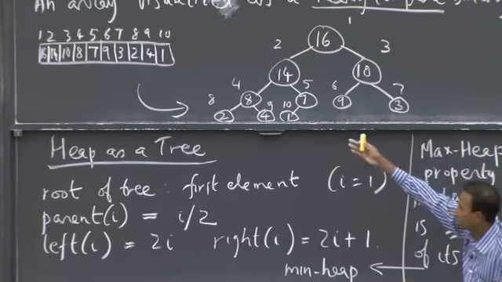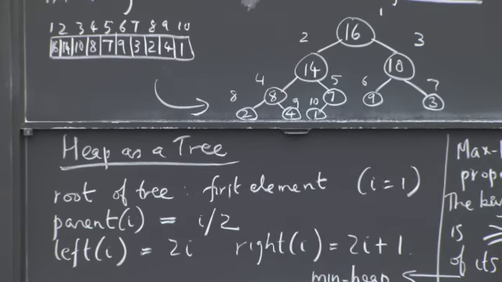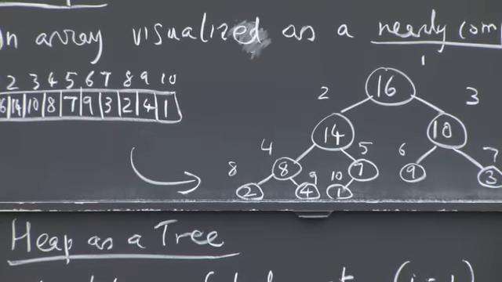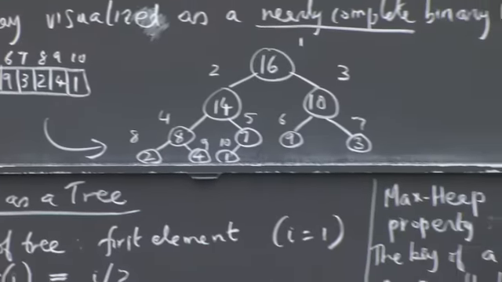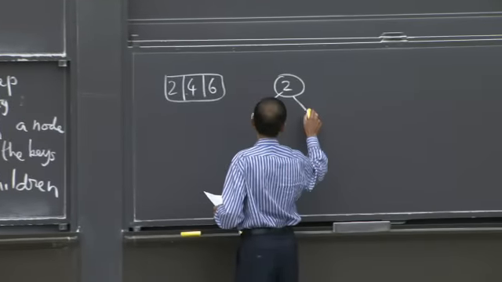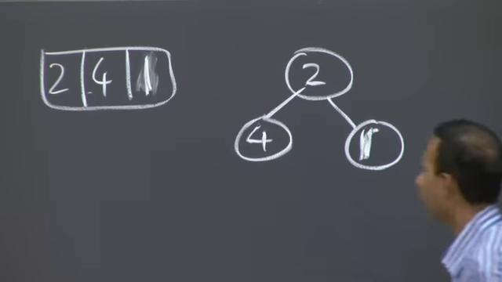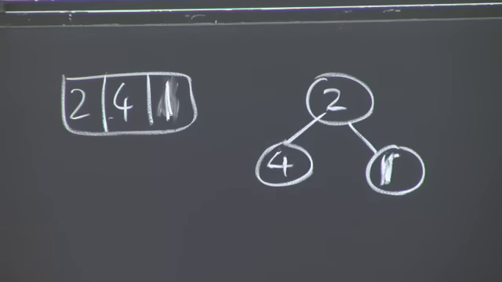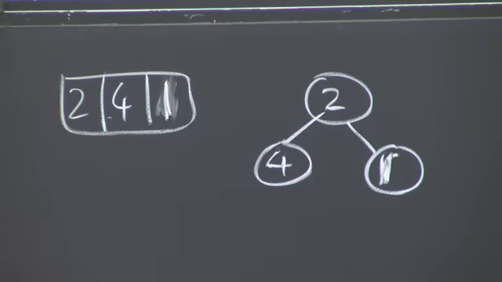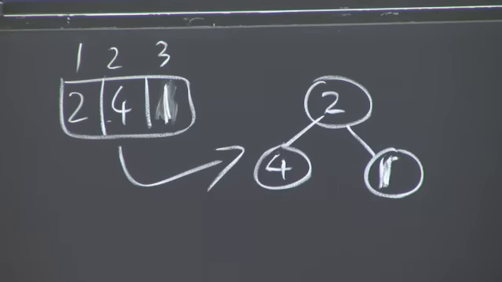there's this array that turns out it was a max heap, okay? But it's quite possible that I have a trivial example of an array, in fact, let me make this 1. That is not a max heap. It's not a max heap, it's not a min heap. It's neither, right? It's just a heap, okay? So if I just transform or visualize, I should say, this array as a heap, I don't have a max heap, I don't have a min heap.